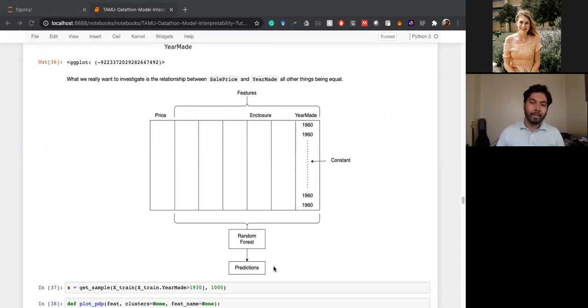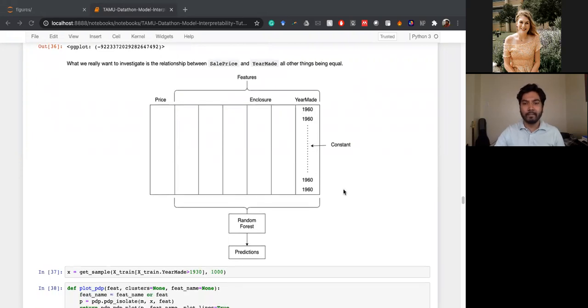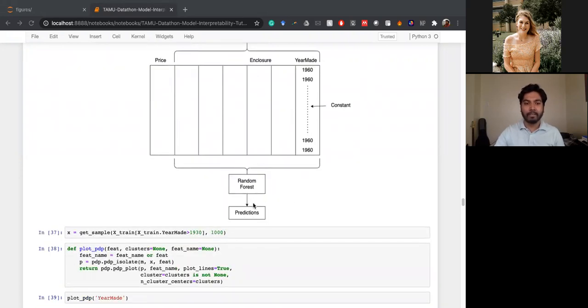I'm keeping everything constant except the year made, and seeing if I sell a particular equipment under the same conditions, but only change the year in which it was made, does it affect the price?